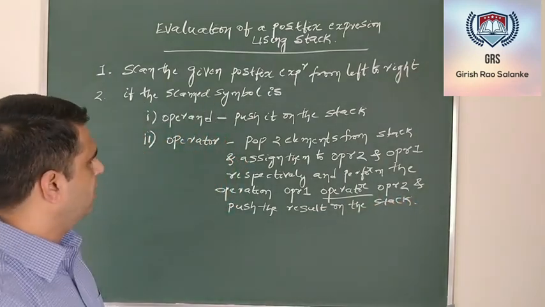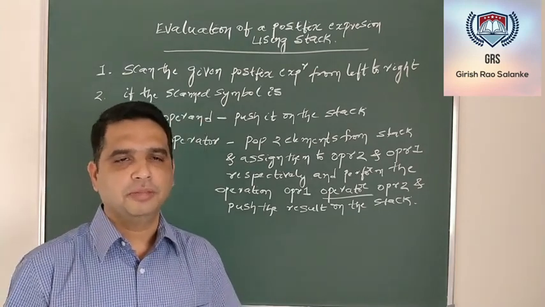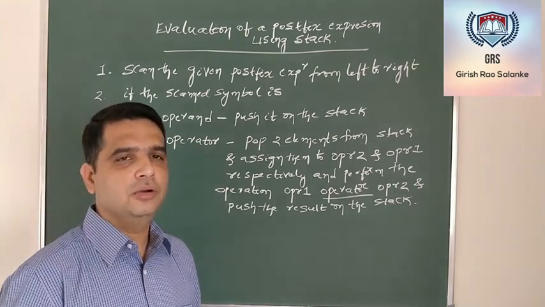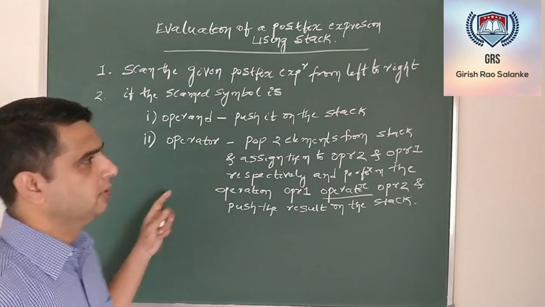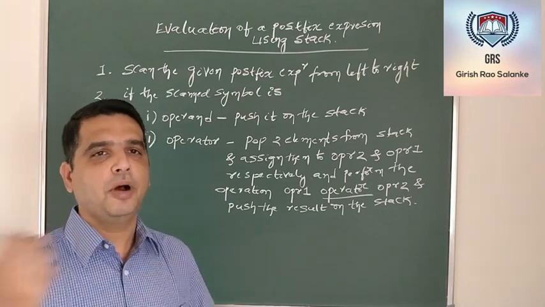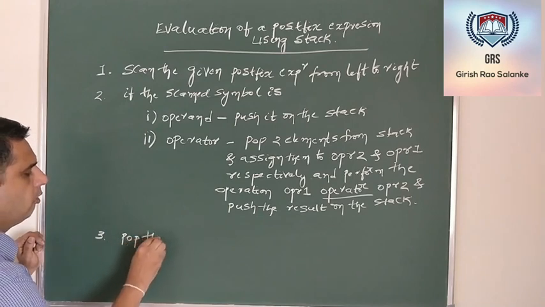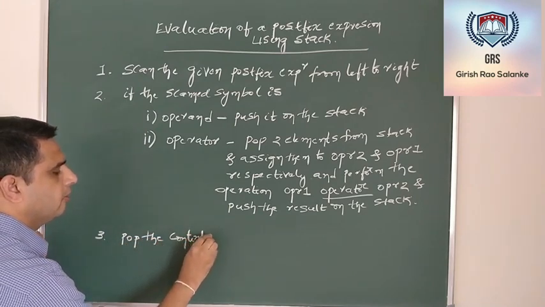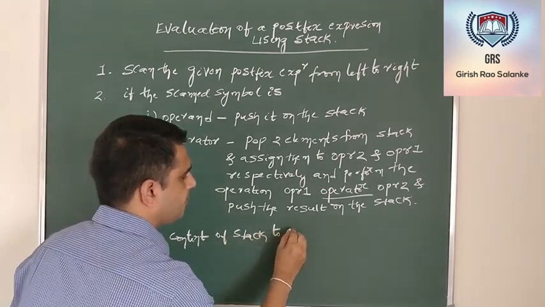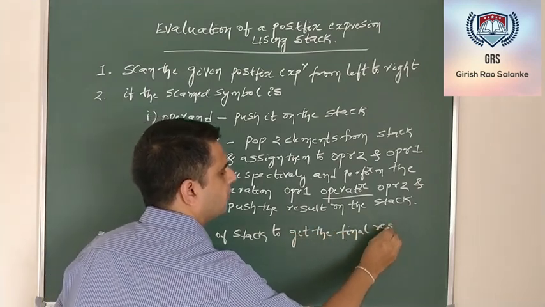So note that whenever we encounter an operator, we need to pop two elements from the stack, perform the corresponding operation with respect to the operator, and then push the result onto the stack. This is my step 2. My step 3: the final result will be there in the stack. We need to pop the content of the stack to get the final result.